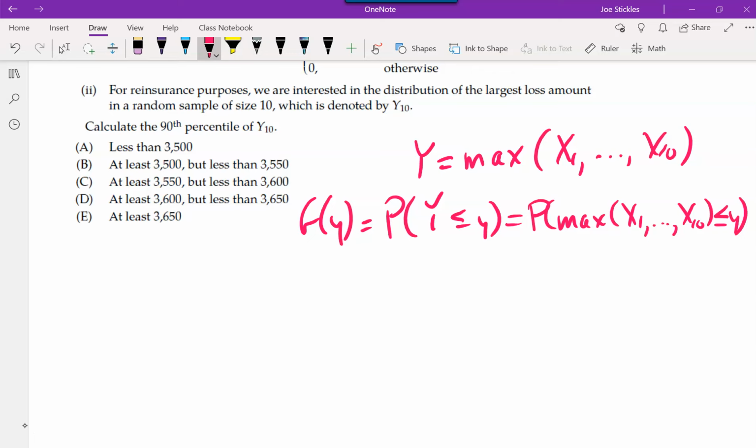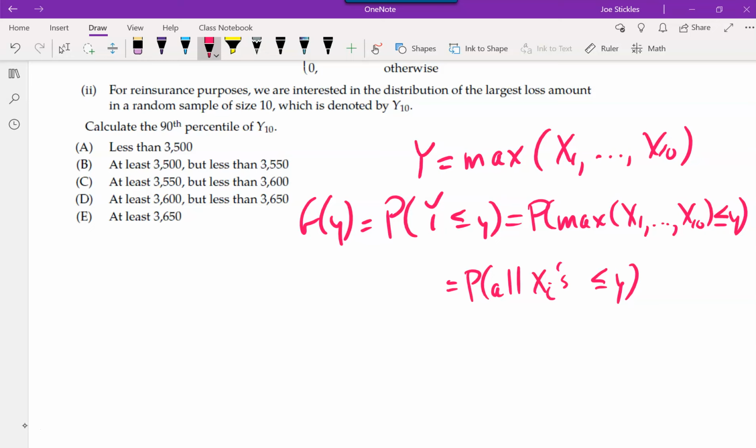They all have to be less than or equal to y, right? So all of the x sub i's are less than or equal to y. That's a big, long and probability, isn't it? x1 is less than or equal to y, and x2 is less than or equal to y, and x3, and so on, right?